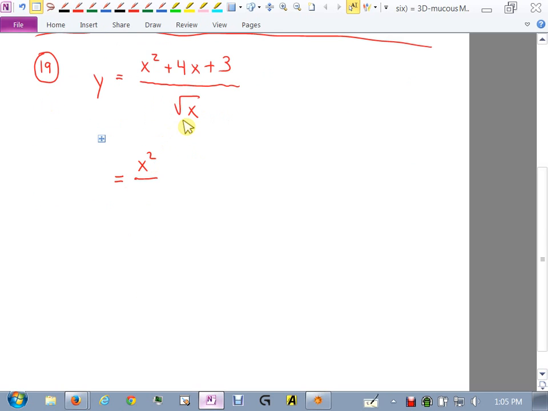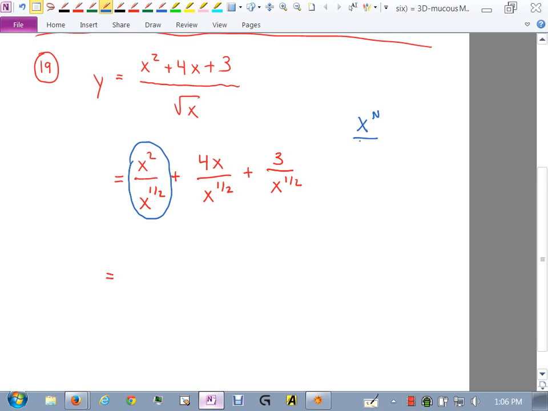I'm also going to rewrite the square root of x as x to what power? 1/2. Plus 4x over x to the half plus 3 over x to the half. And now I need to figure out what those are. So when you do this, right here, we're using a property of exponents that said this.